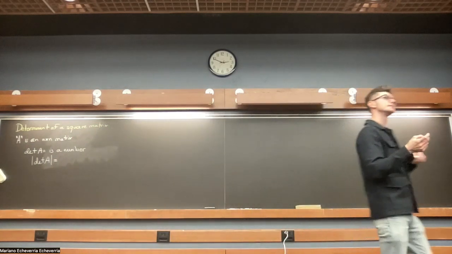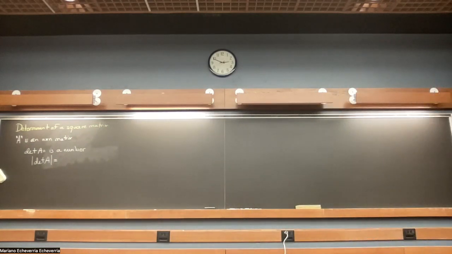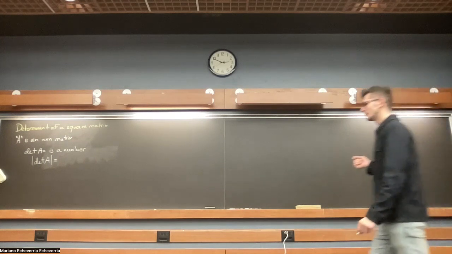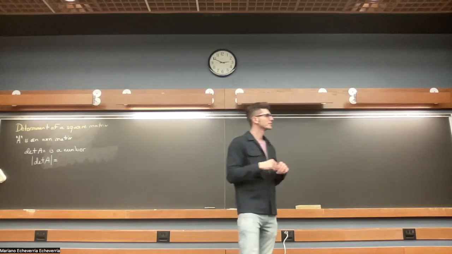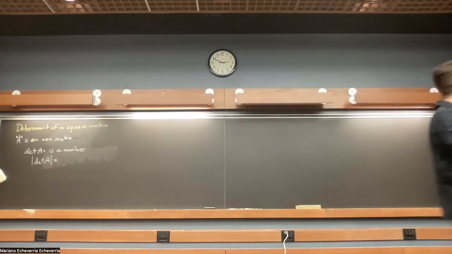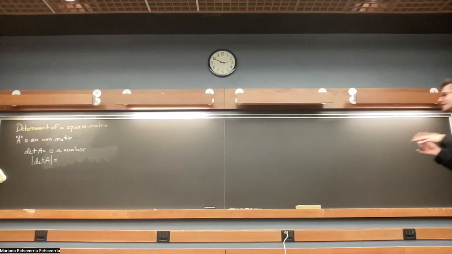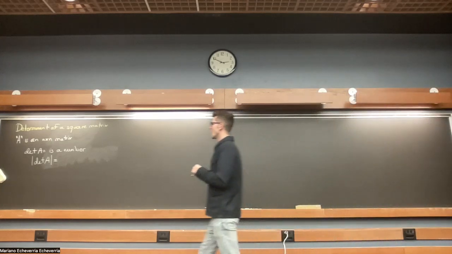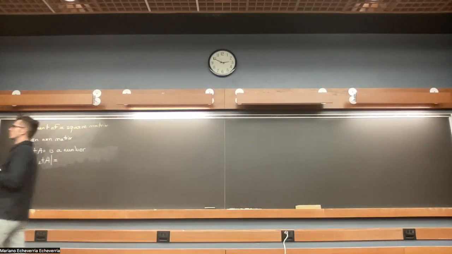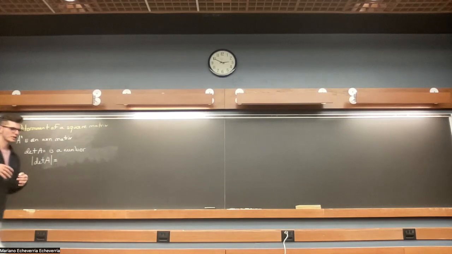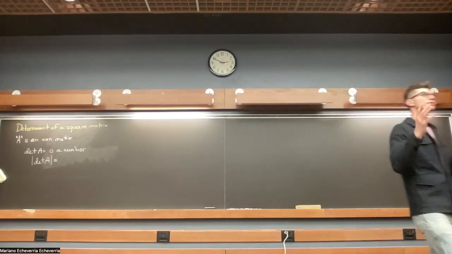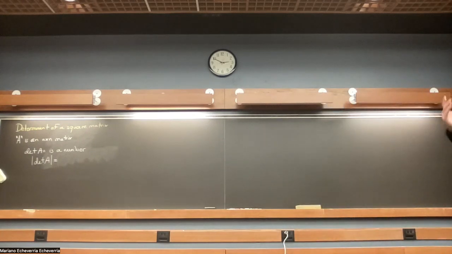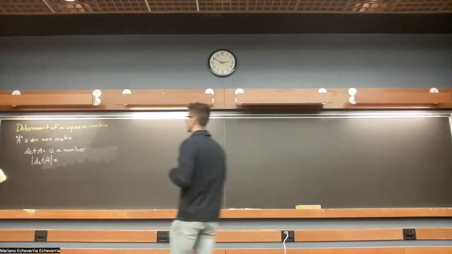In the 2 by 2 case, it is like the area of the parallelogram. In the 3 by 3 case, it would be like the volume of this box, which I think is called a parallelepiped, or I don't know how to pronounce it, but it is that box that I drew last time. But in general, even when the matrix is bigger than that, you cannot draw what this looks like, but it is always some sort of hyper parallelepiped, and the determinant does correspond to the volume of that.